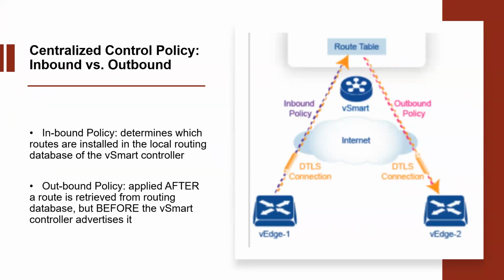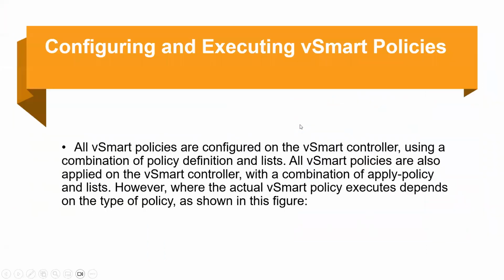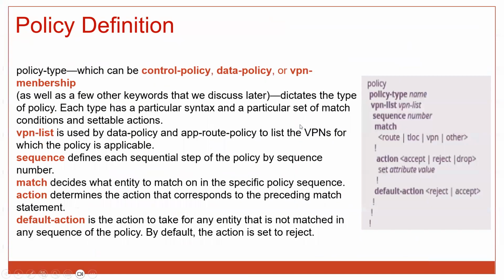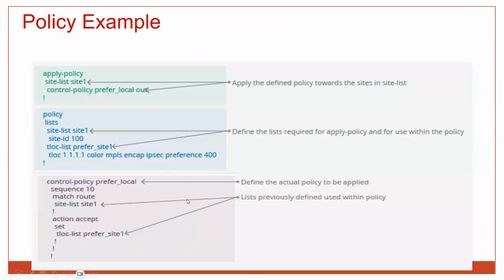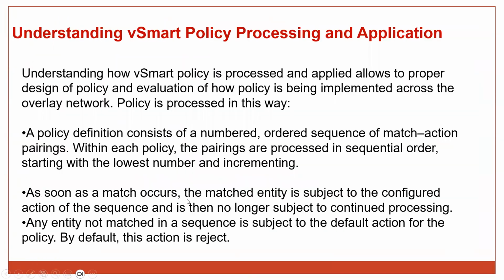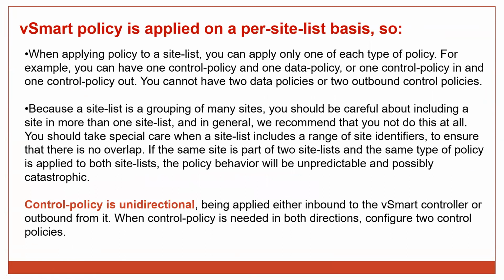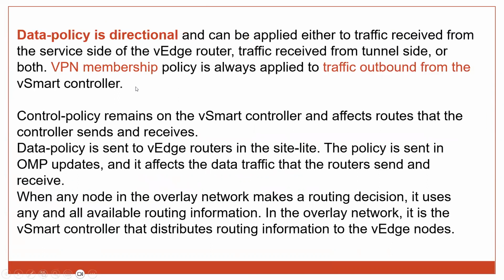We know the meaning of out and in. With respect to these examples, we have created the policy, then applied it, and seen the result as well. Control policy is unidirectional, which we have discussed 4 or 5 times.